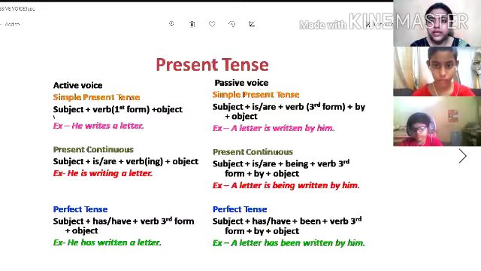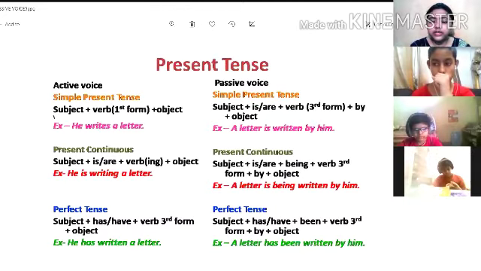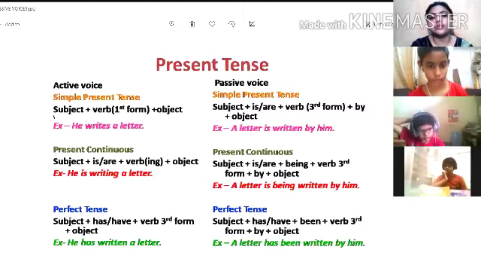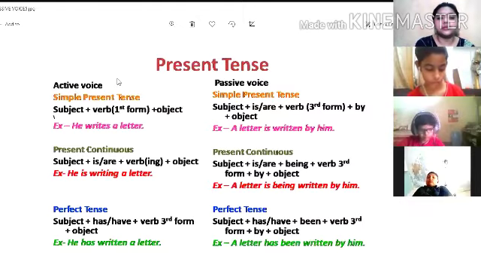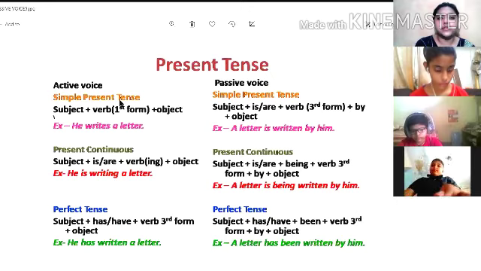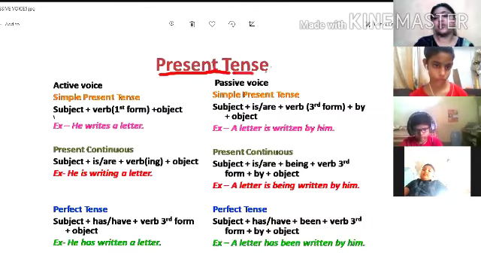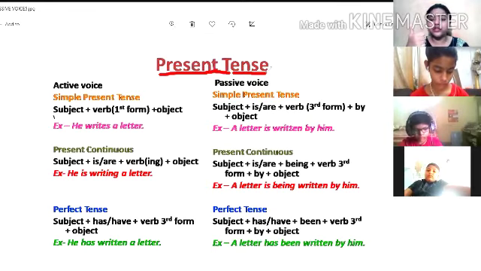Now comes the main thing. You have to pay attention to all these things, and you have to learn them. So whenever you are given a sentence in active voice and you have to change it into passive voice, the very first thing you are required to do is to identify the kind of tense in it.